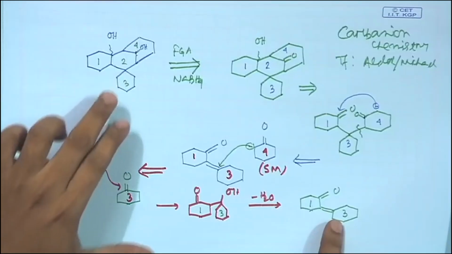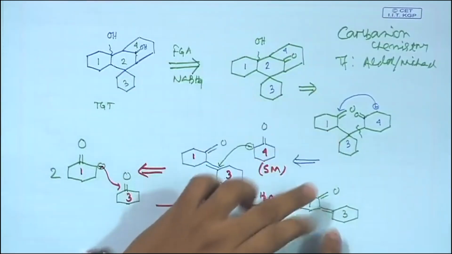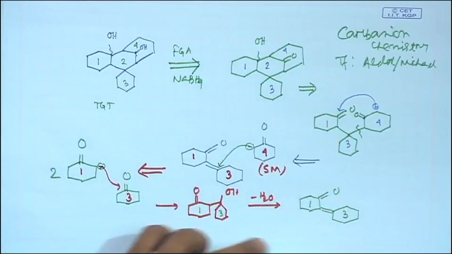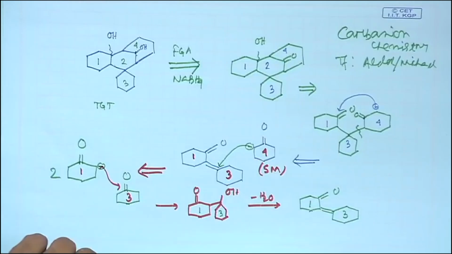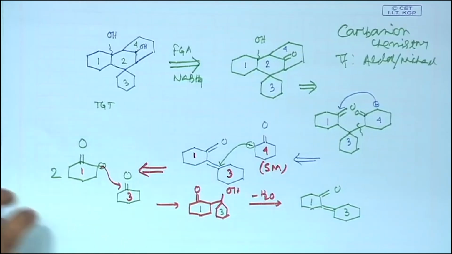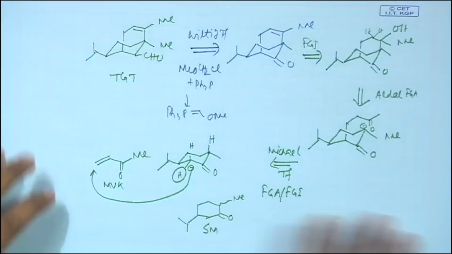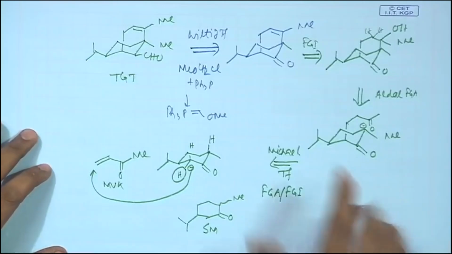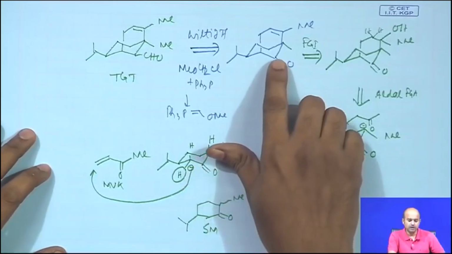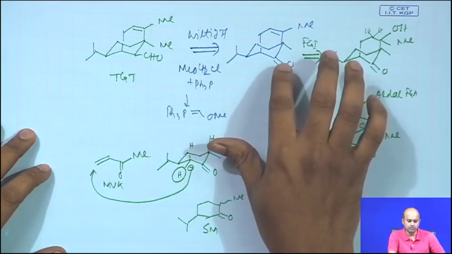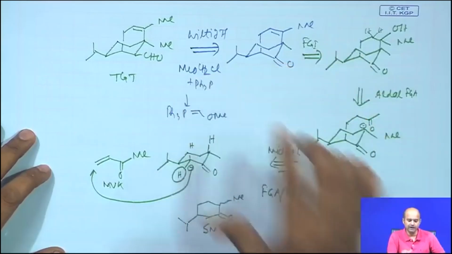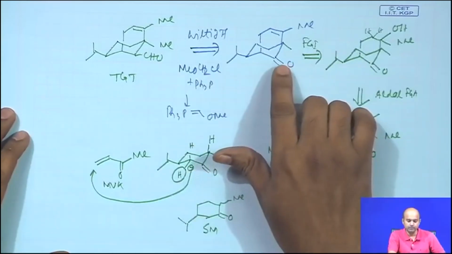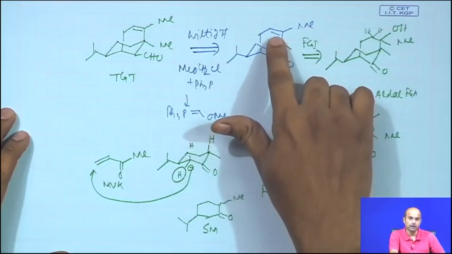The first one is a bit complex, but eventually that will give you a very simple chemical logic, to come to a simplified starting material. We did not use any hi-fi transformation, any sophisticated transformation, we used simple carbanion chemistry. Here also we use a simple transformation, the only thing we used was a Wittig reaction to convert this carbonyl to an aldehyde, because if you use a Wittig and hydroboration, you have another double bond here.